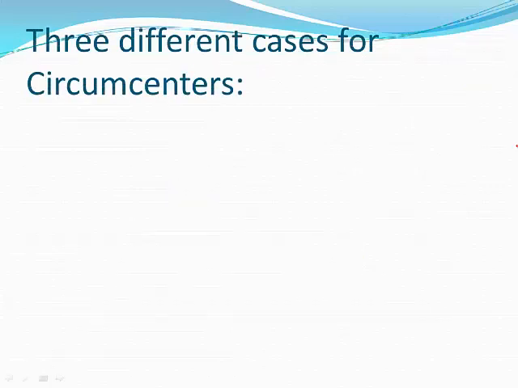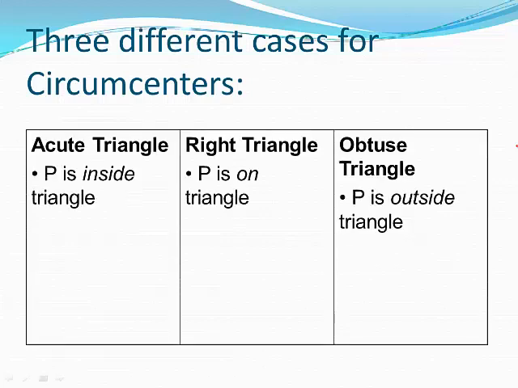Okay, this is important again when we do constructions, which is going to be in the next video. There are three cases that can actually happen with circumcenters, and it happens with the three different types of triangles. In an acute triangle, your P, your circumcenter, is going to be inside the triangle.